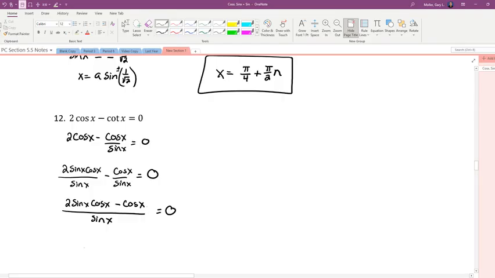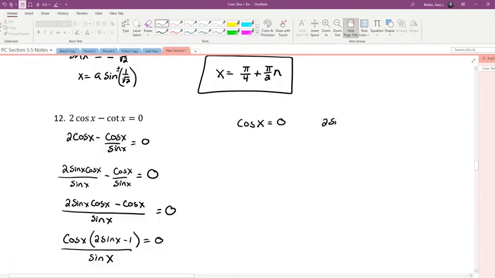I can factor out cosine. So I get cosine x times 2 sine of x minus 1. Again, I still have over sine of x, which would be an issue, except, like I said, we don't care. So at this point, I'm just going to drop it, and I'm going to answer the question, when is cosine of x equal to 0?